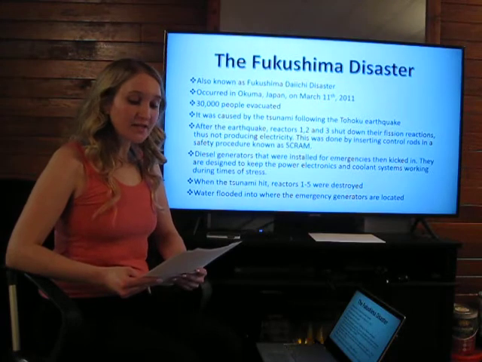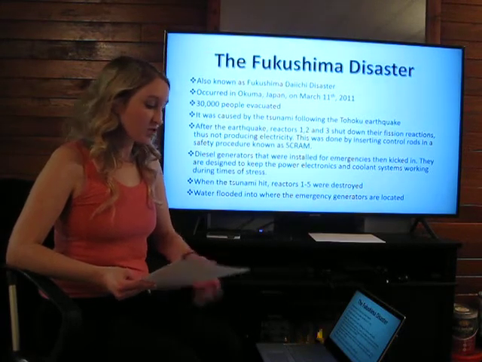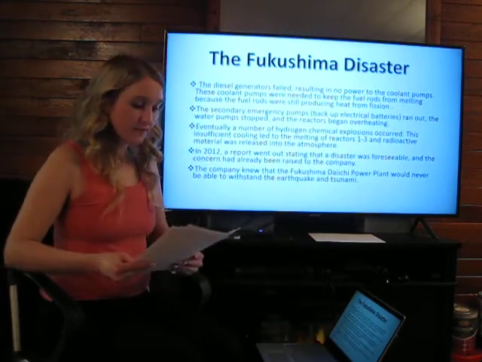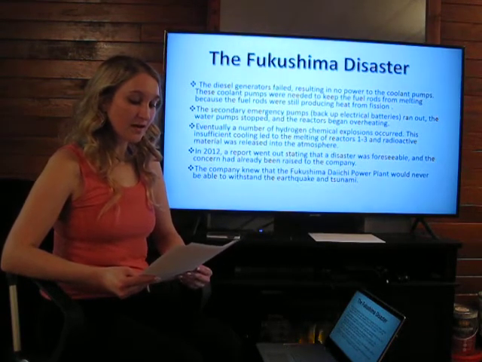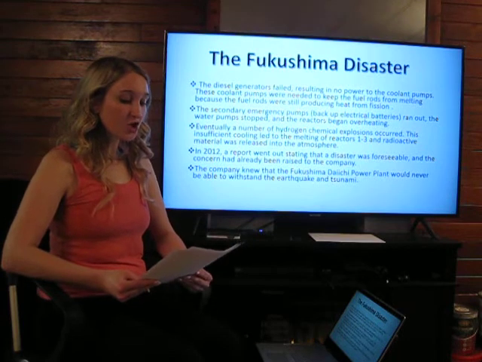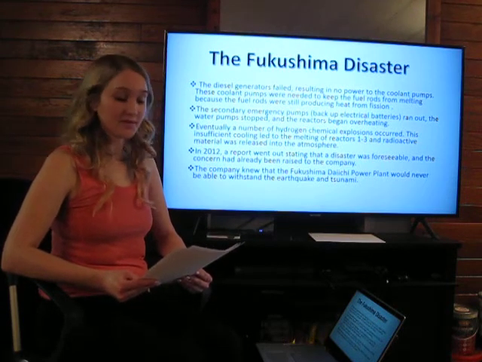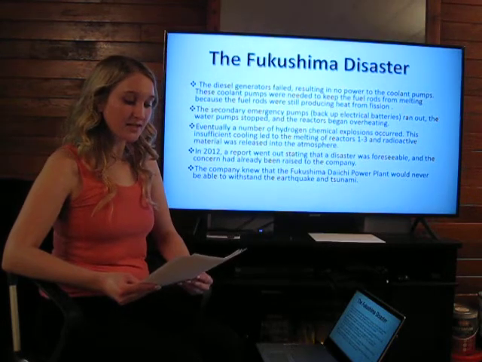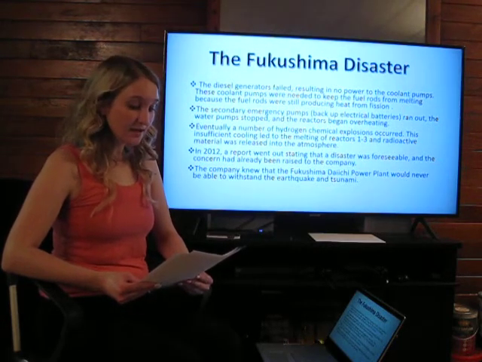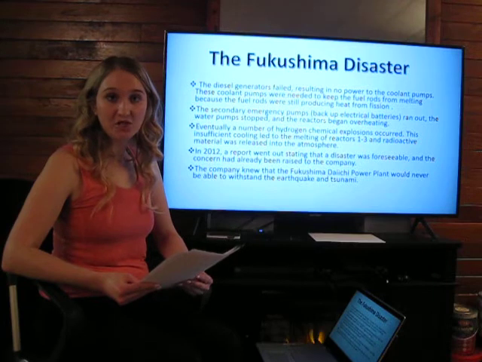Water then flooded into where the emergency generators were located. The water-filled diesel generators then failed, resulting in no power to the coolant water pumps. These pumps were needed to keep the fuel rods from melting because the fuel rods were still producing heat from fission.